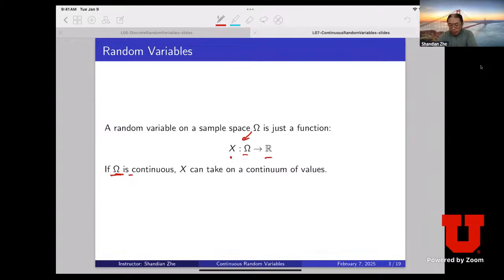If omega itself is continuous, then this X becomes a function from a continuous domain to another continuous domain, right? And then X can take on a continuum of values. That kind of connects to calculus 1 and calculus 2, right? We have taken during our undergrad school.